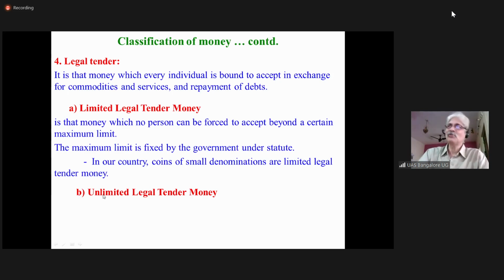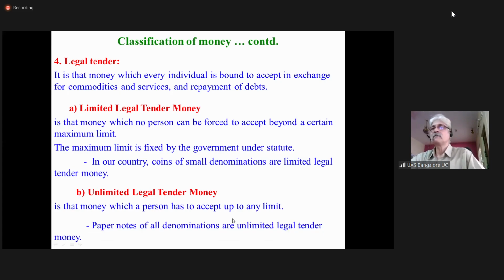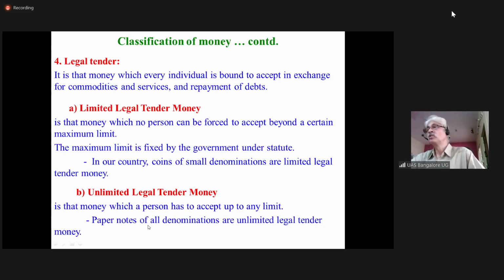It is that money which a person has to accept up to any limit. Paper notes, your 10 rupees, 100 rupees, 2000 rupees, 500 rupees, these paper notes of all denominations are unlimited legal tender money.